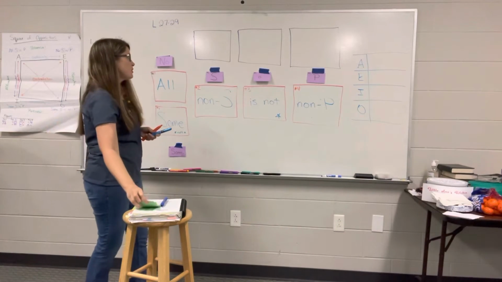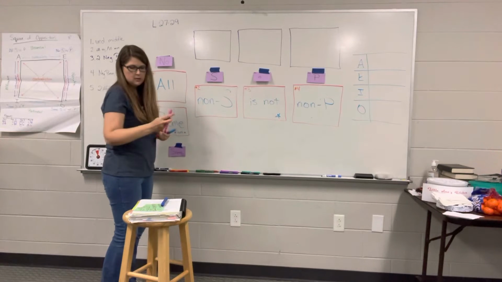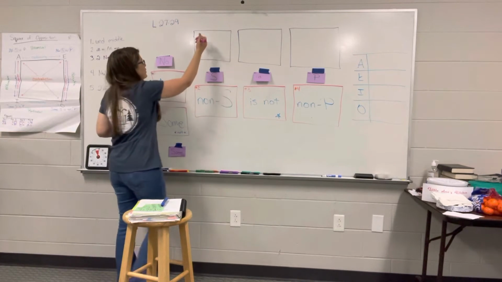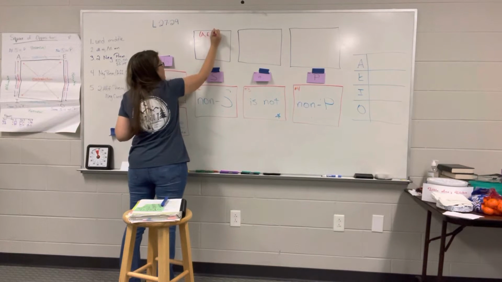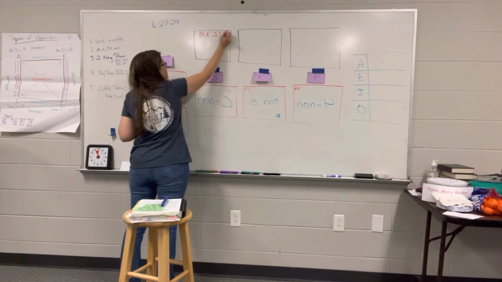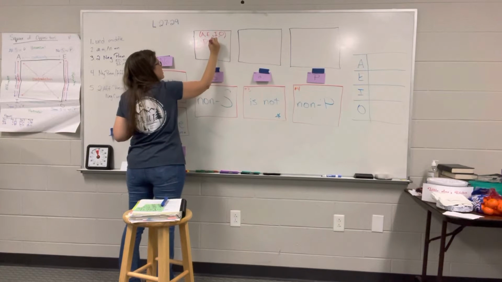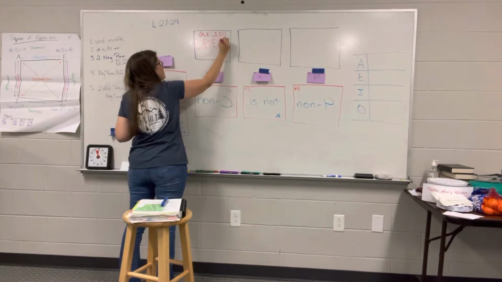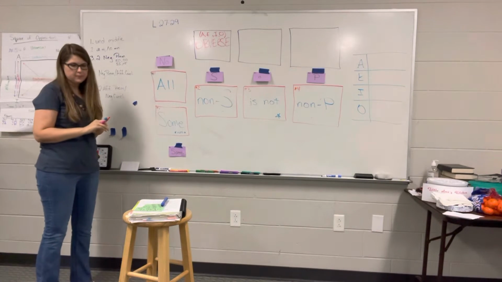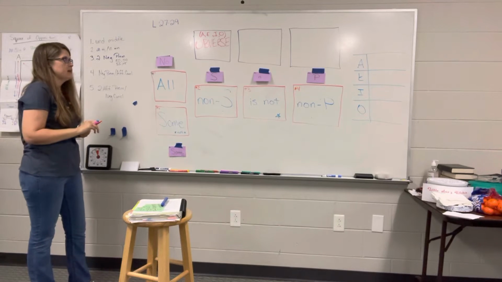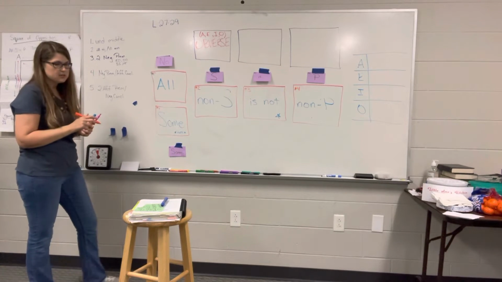The first one we're going to learn affects A, E, I, and O statements, and it is the obverse. Okay, obverse. And then we're gonna write what you need to do with an obverse.